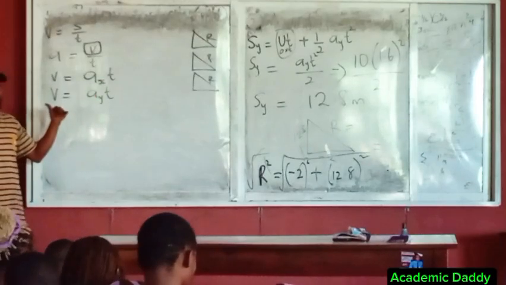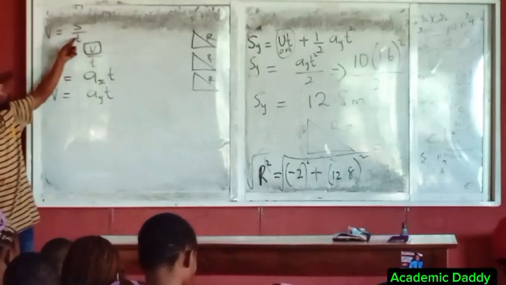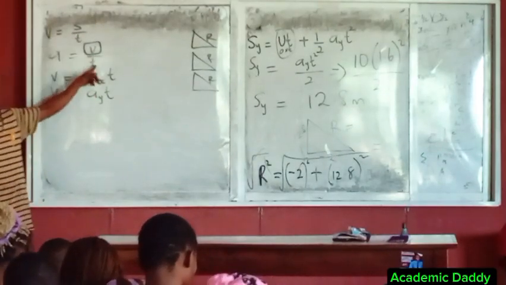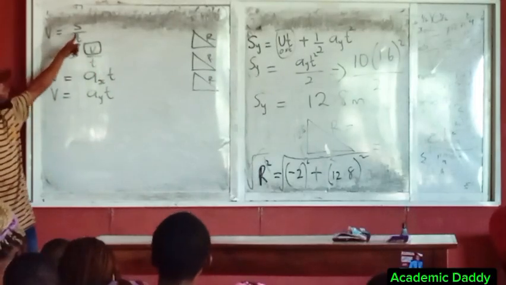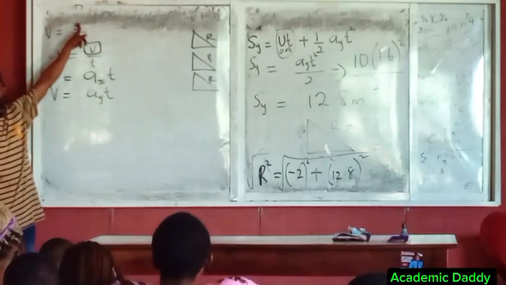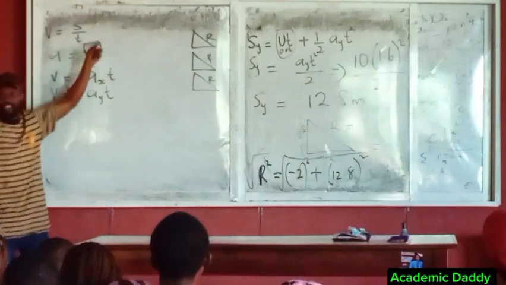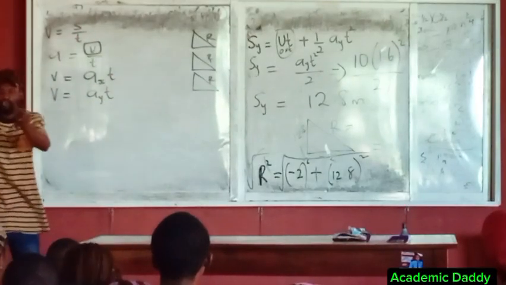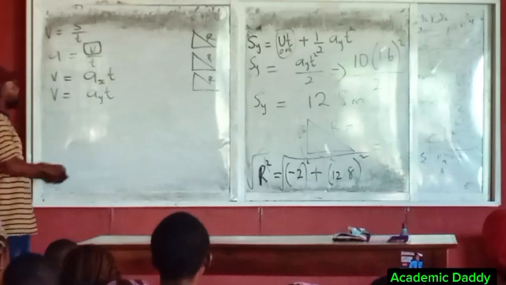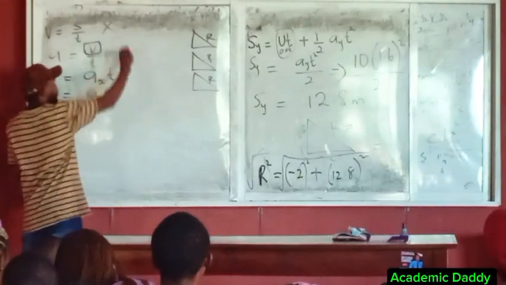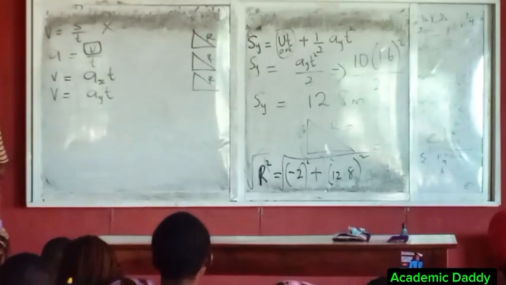So these two things have time in common, but I've already used the time when I derived this displacement. If I come and take this displacement and still divide it by the time they gave, I'm deriving it two times. That is why I'm not going to use this formula.